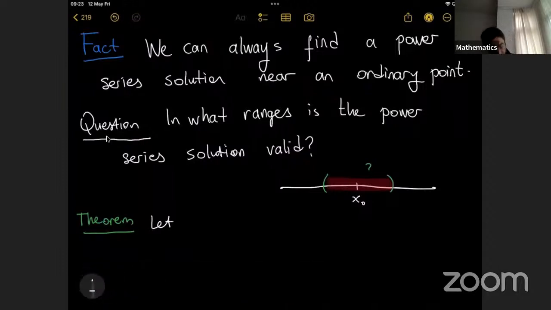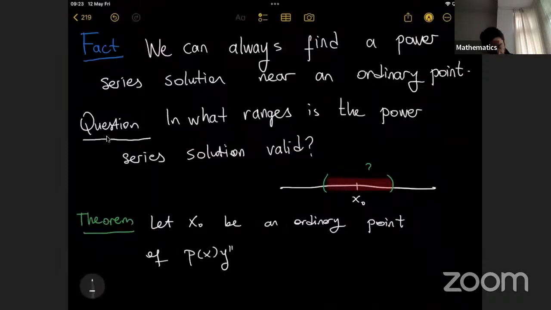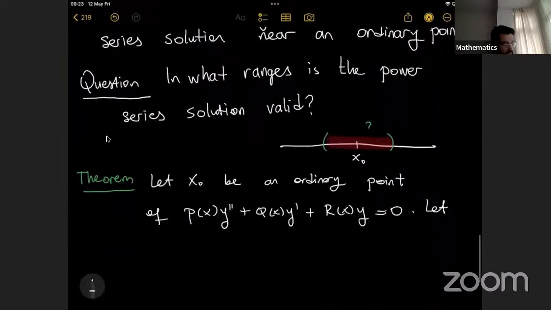Suppose that we have an ordinary point x0 of the equation, star, and there is another point x1. It's the singular point nearest to this ordinary point.